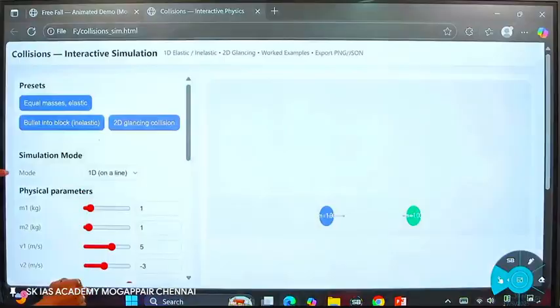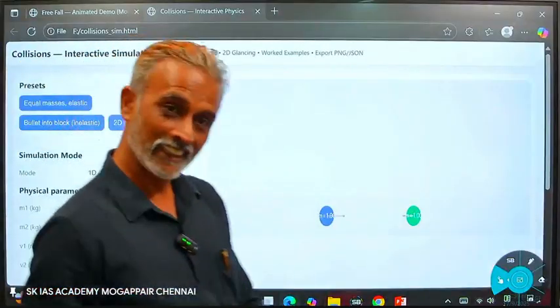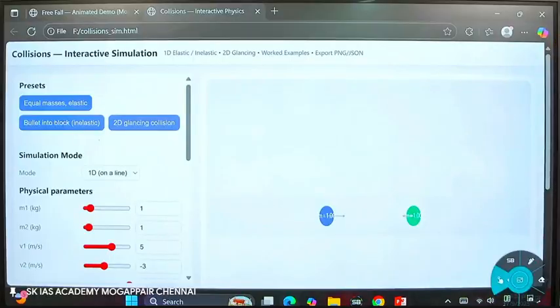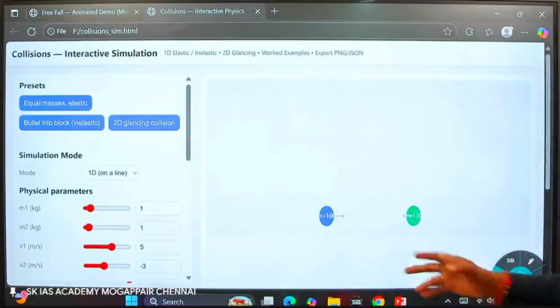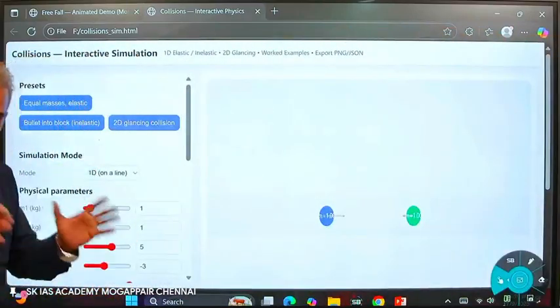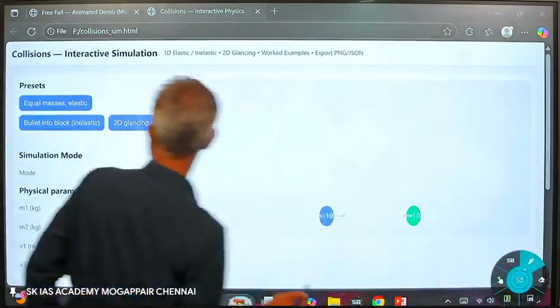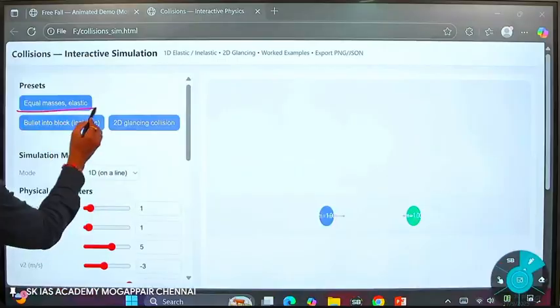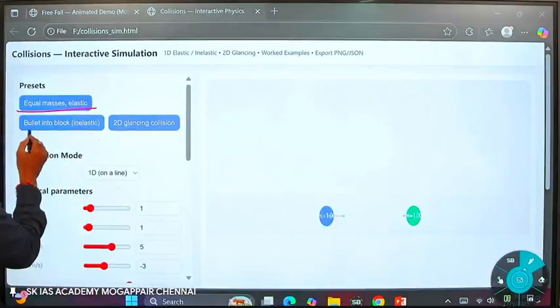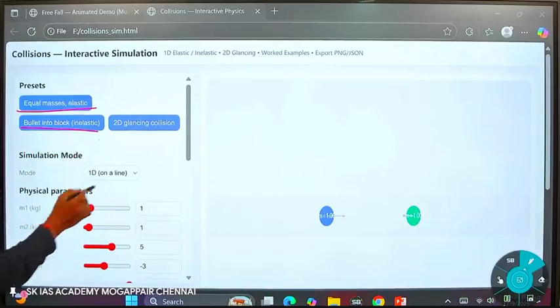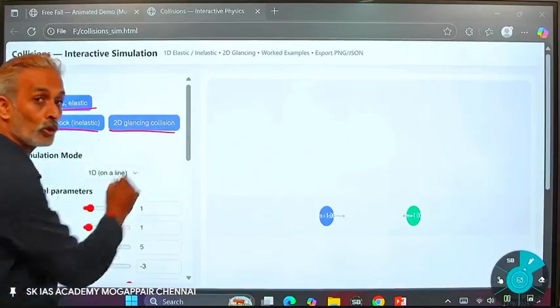Now, I will show you. In the school, in the books, they teach you equal masses elastic collision. First is the elastic, second I will discuss the inelastic, third I will discuss the 2D collision.